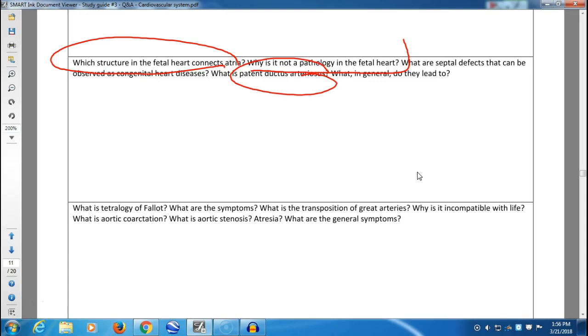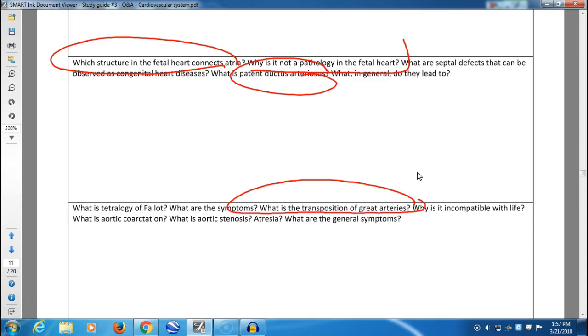The general outcome of all those septal defects is the mixing of oxygenated and deoxygenated blood, which in general leads to cyanosis. In tetralogy of Fallot, what I want you to know, there's a septal defect. Sometimes there's patent ductus arteriosus. There's stenosis of the pulmonary trunk. Okay? That's as far as it goes.